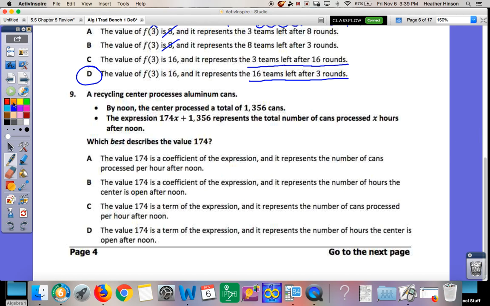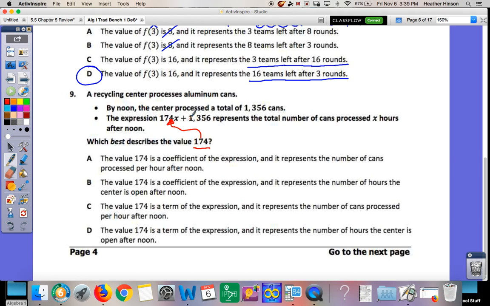Okay, number 9. A recycling center processes aluminum cans. By noon, the center processed a total of 1,356 cans, and the expression 174x plus 1,356 represents the total number of cans processed x hours after noon. Which best describes the value of 174? So what is 174 in our expression?